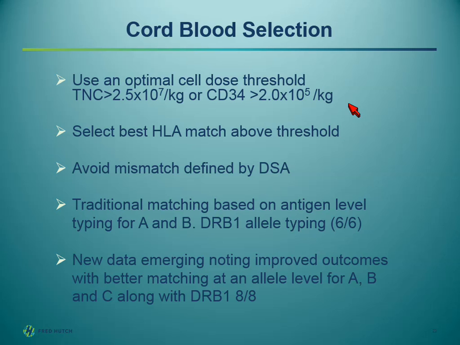And so we often are passing over 5 of 6s that are really on an 8 of 8 level, like a 3 of 8, and moving instead to allele level typing. There's beautiful data coming out, especially in the single cord setting, that this is really important. And it's actually amazing how easy it is to find with the high level of typing on the registries what that looks like.